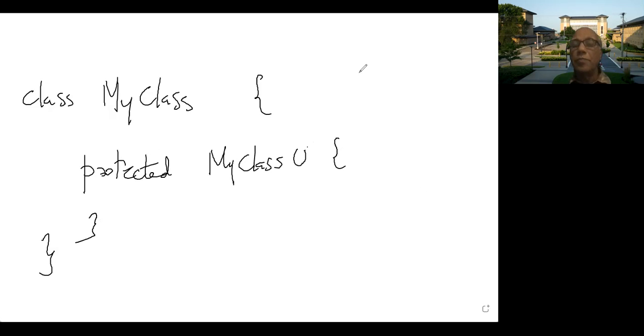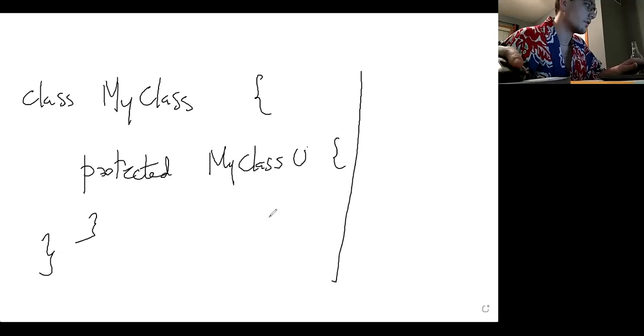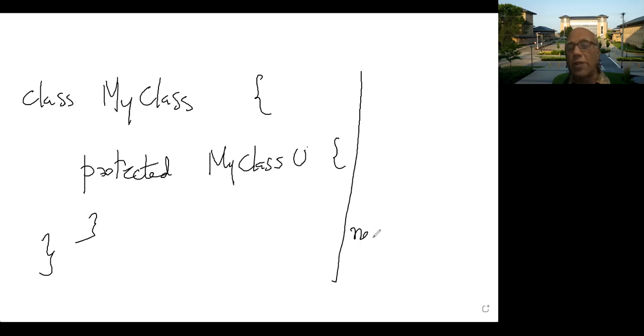Then what is the deal here? Well, Java has some funny rules regarding my class, with respect to packages, but let's ignore all that. Let's assume that only subclasses can access this constructor. If that is the case, you cannot write new my class from the outside. So you cannot create an instance of this from the outside.